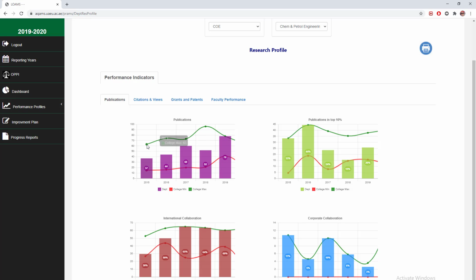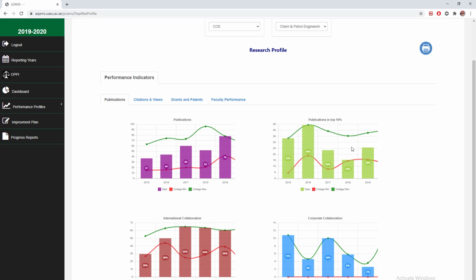The college maximum was 63 in 2015, went up to 74 in 2016, then almost the same in 2017, then big increase in 2018 to 96 publications, maximum per department per the college, and then went down to 78 in 2019. And you can see here is the minimum number of publications per department in the college.